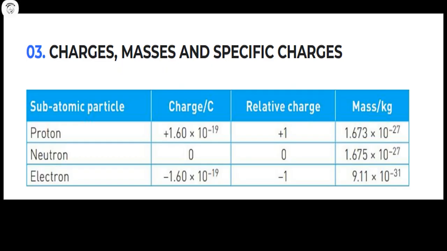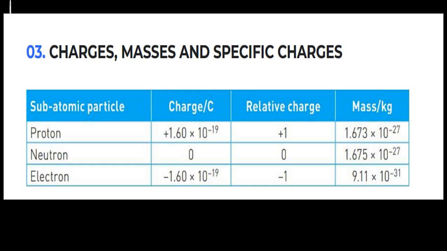So there is a little bit more explanation for these subatomic particles. And these are a few things which you should remember as well. First of all, the proton has a charge of about 1.6 times 10 raised to power minus 19 coulombs, and the neutron is a neutral subatomic particle, so it has zero charge.